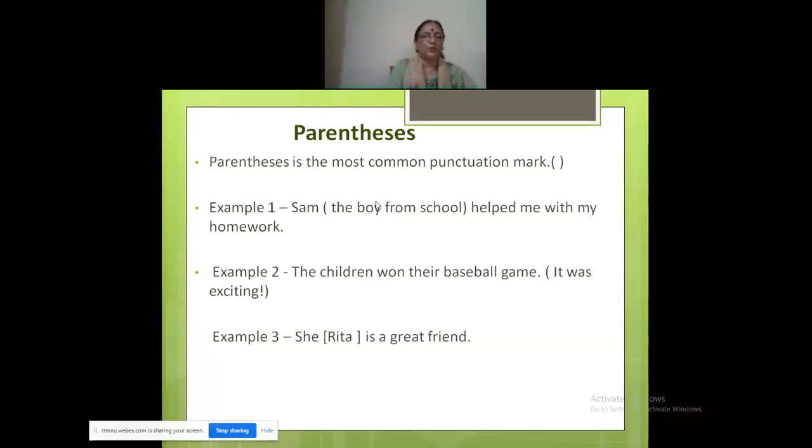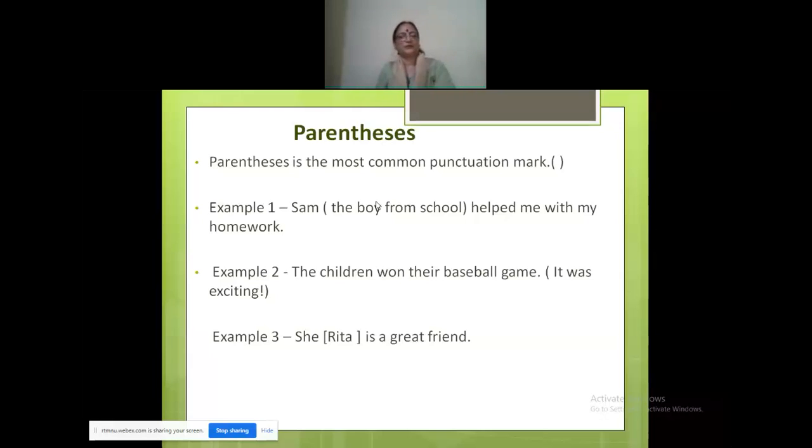The children won their baseball game. Sometimes there is an additional remark made after the sentence. So, it was exciting! When the exclamation comes, the level of exciting is different. Again, that is added information. It can go in parenthesis, and if not in parenthesis, then a dash can also be there.